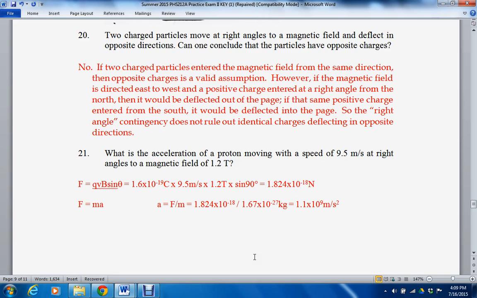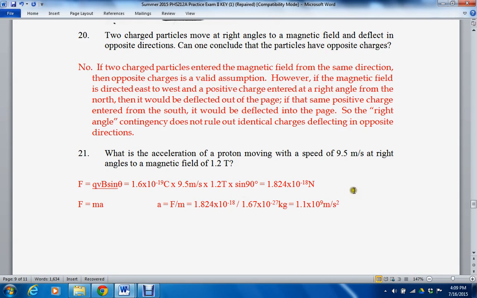Number 21. What is the acceleration of a proton moving with a speed of 9.5 meters per second at right angles to a magnetic field of 1.2 Tesla? So force equals mass times acceleration. Acceleration equals force over mass. We can figure out the force like we've done before. Force equals QVB sine theta. Q is the quantity of charge on a proton.